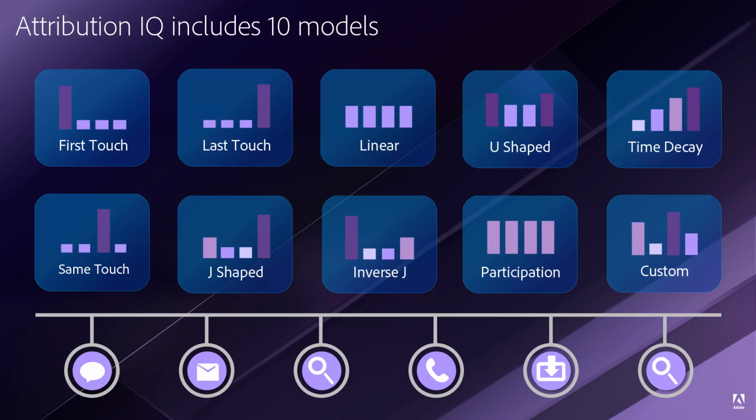In terms of gaining access to these, I'll be talking through all the different Adobe Analytics SKUs that have access to them, in case you're curious whether you have access or not. So you'll get that in just a second. But we've expanded from first touch, last touch, linear and participation to include U-shaped, time decay, J-shaped, all of these that are listed here. So lots of different flexibility in terms of how you can analyze your data.